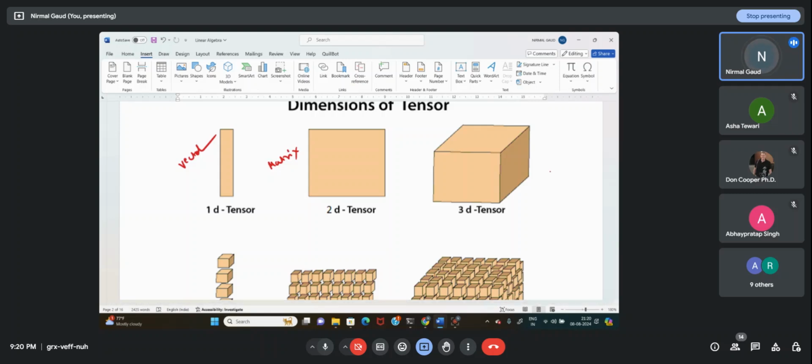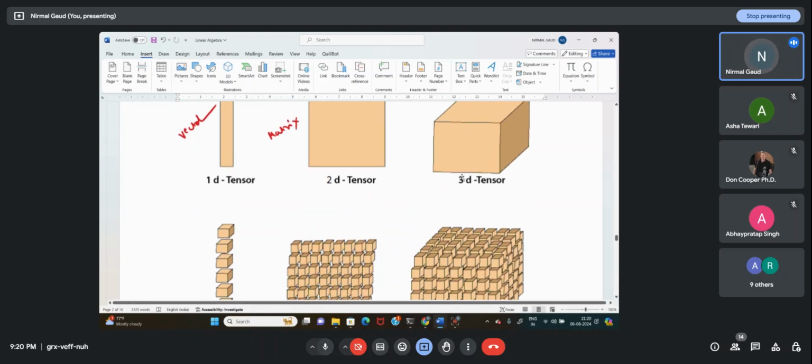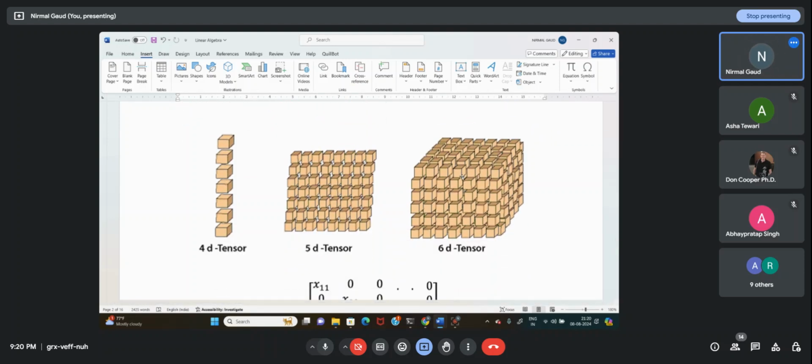In a vector I have only one dimension. In a matrix I have two dimensions. 3D obviously has three dimensions. 4D is arranging 3D in height. So these 3D, 3D, 3D, 3D will all be arranged giving a height. Then it's 4D. Then one more you add here, it will be converted into 5D.